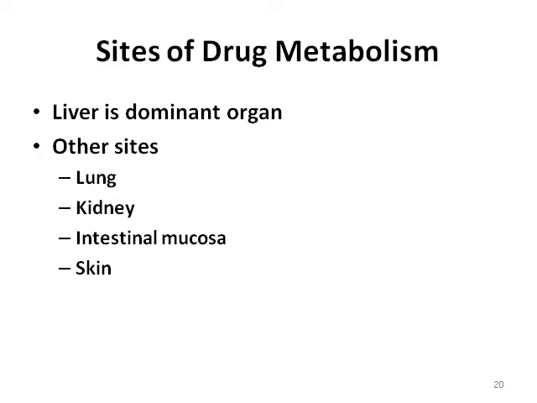Slide 43: keep in mind that although the liver is the dominant organ for metabolism, other sites such as the lung, kidney, intestinal mucosa, the skin, and even other tissues may also play a part in drug metabolism, but clearly the liver is the dominant organ.